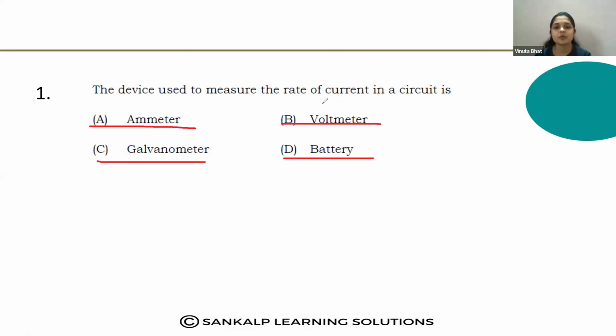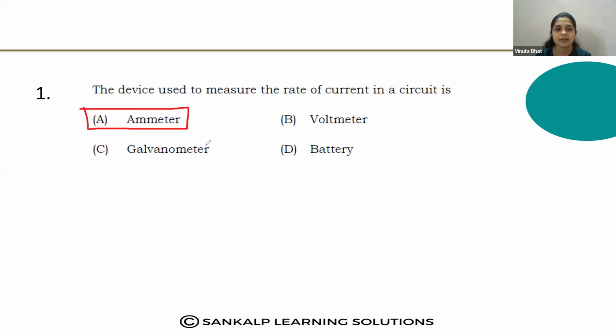Here, voltmeter is used to measure the potential difference, and battery is connected in electric circuits to supply the electricity. The correct answer is ammeter, the device used to measure the rate of current in an electric circuit.